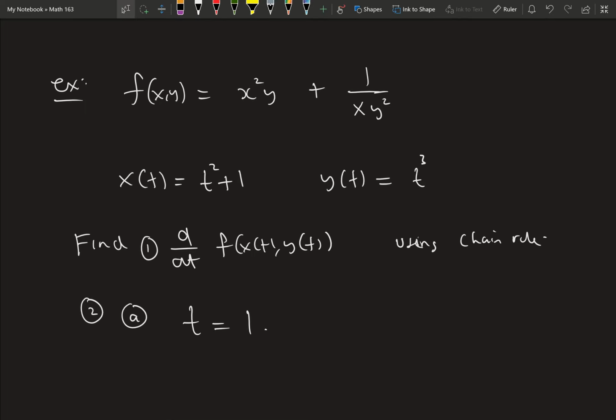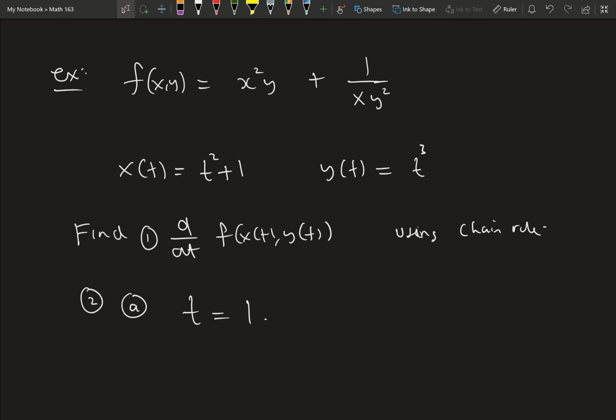So what is d by dt of f of x of t, y of t?